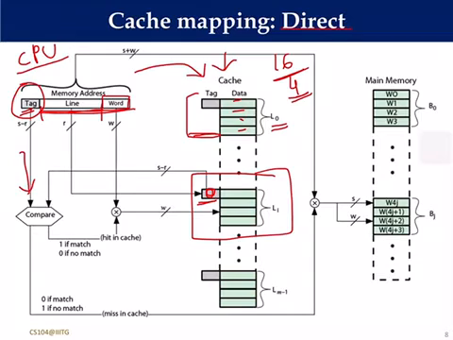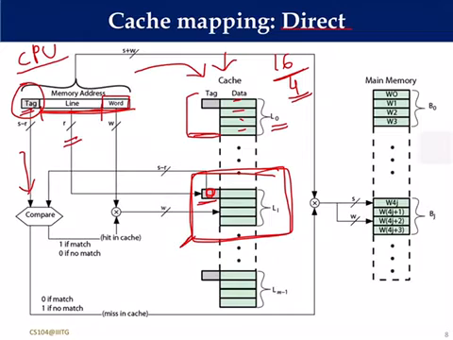So, going with the discussion once more, if the requested item is to be in the cache, it will be there only in the line identified by the line address of the requested address. Now the question is, this line might contain items from some other locations in the main memory also.